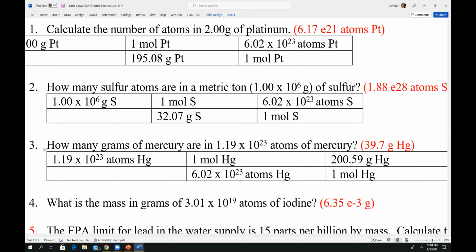Okay, so we do the math. This time we have to multiply 1.19 EE 23 times 200.59. You hit equal and then you divide it by 6.02 EE 23.